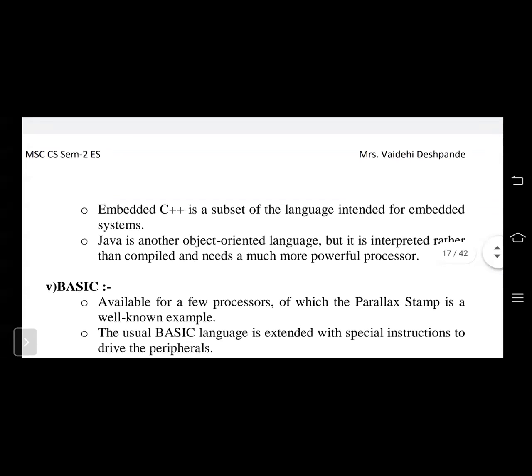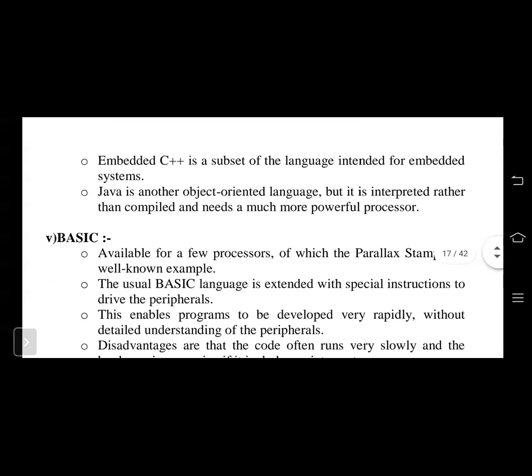So embedded C++ is a subset of the language intended for embedded systems. Like how you have embedded C, as we do the first practical, when we go to the third chapter, you will come to know how to write the program. What is the difference between C and embedded C?